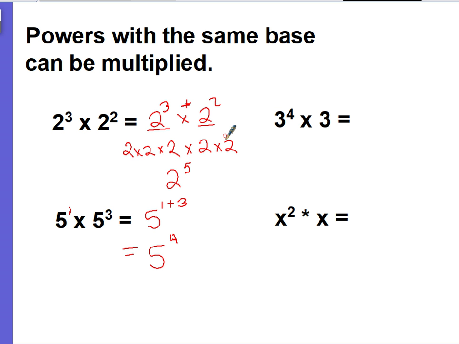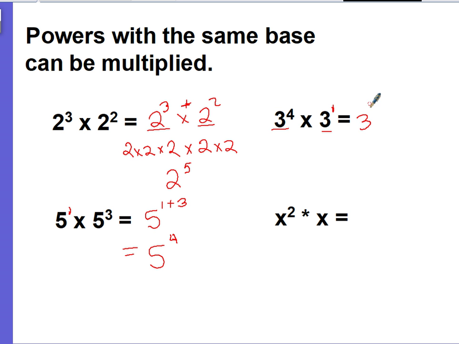This rule is efficient and works consistently. Let's try it again with 3 to the fourth times 3. If I don't have an exponent on this 3, that means it's just 3 to the first power. So now I have 3 to the fourth times 3 to the first. The bases are the same. If I'm multiplying, I can add the exponents.